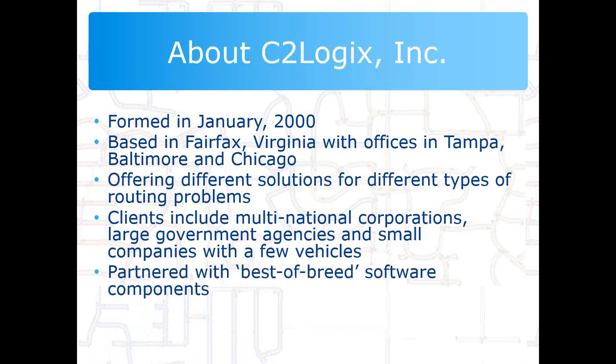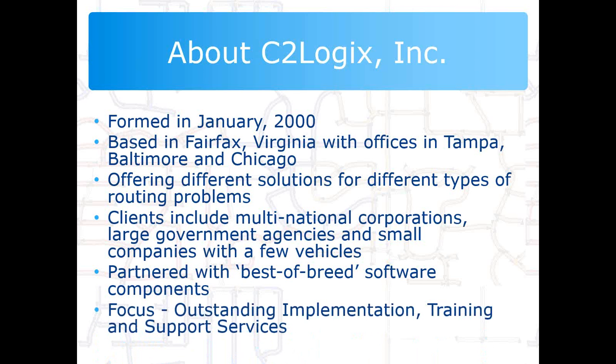And we've partnered with best-of-breed software components to deliver the highest quality route optimization products and projects across the globe. Our focus is outstanding implementation, training, and support services. So just having a good solution isn't good enough for us. We want to provide our clients with the best possible outputs that they can utilize and take advantage of as they go through.